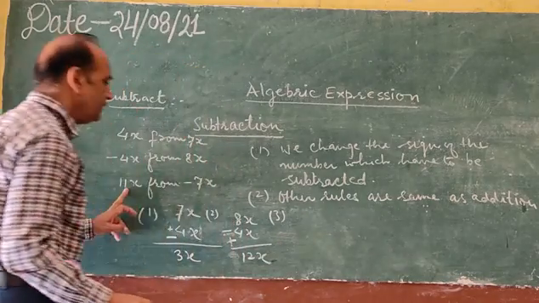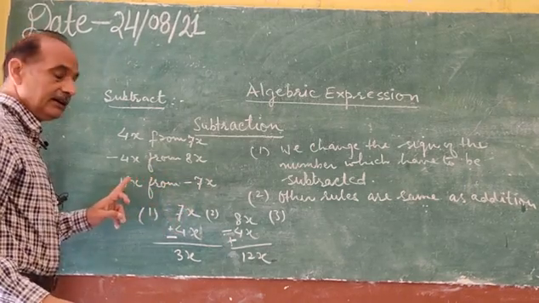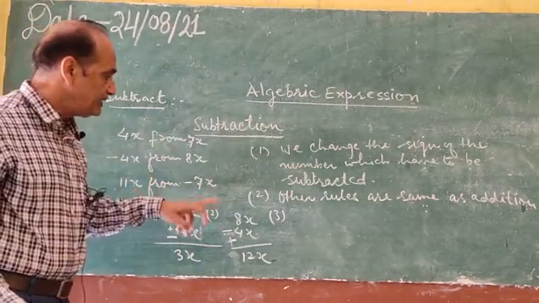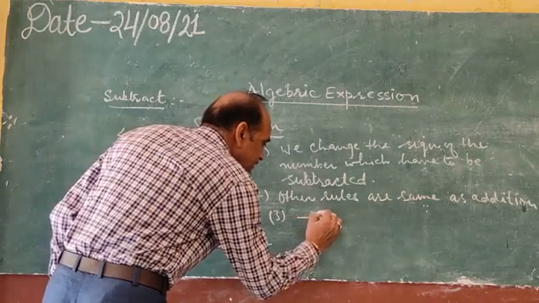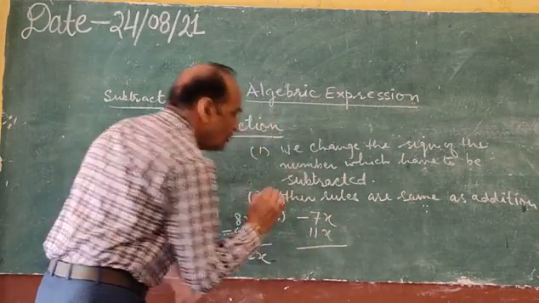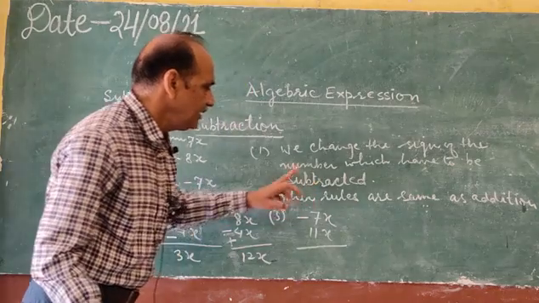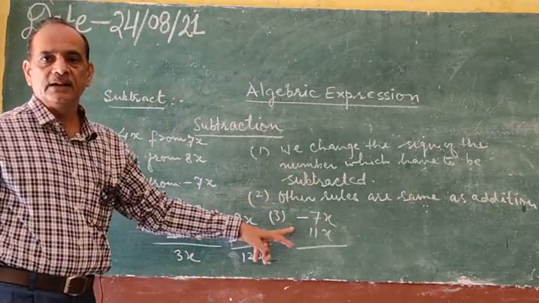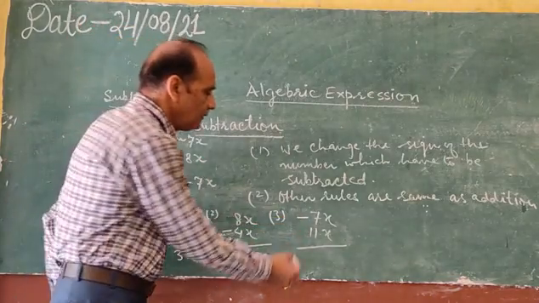Subtract 11x from minus 7x. Which number has to be subtracted? 11x. From which number? Minus 7x. So we will write minus 7x first, then 11x. Now we change the sign of the number which has to be subtracted. Here which number has to be subtracted? 11x, and the sign of 11x in the question is given positive.